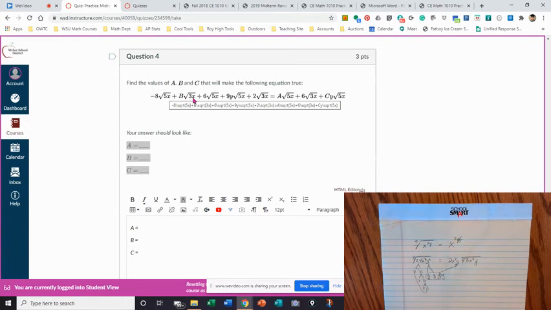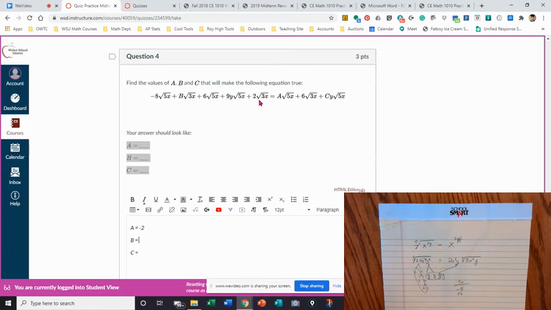I'm going to make myself some notes. 5x. I've got negative 8 for the first one. That's not 5x, that's 5x plus 6. And that's y 5x, that's not there. So negative 8 plus 6 makes negative 2. B, the B is in front.